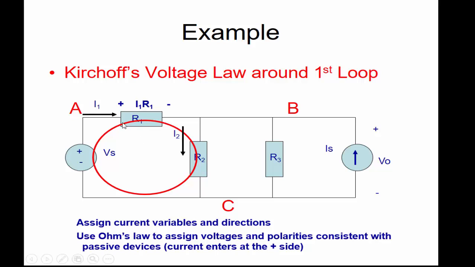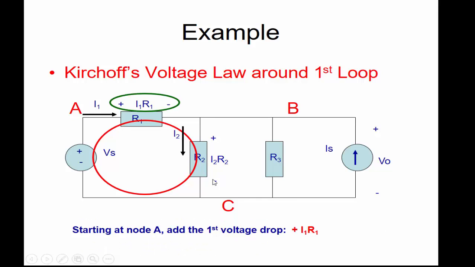As soon as the current enters, we can have a plus there and a minus there. And again here, as soon as I2 enters this resistor, it leaves a plus there and a minus there.